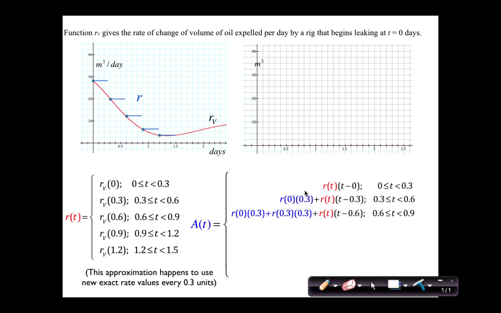This is equivalent to the 8.4, and then the 14.4 came later, and then there was an 18. But in any case, all of these, this is the accumulation from the full first interval, using that highest rate for the first 0.3 days. This is using that next rate for the next 0.3 days. And then this is what's happening as I progress forward from time 0.6 to time 0.9.